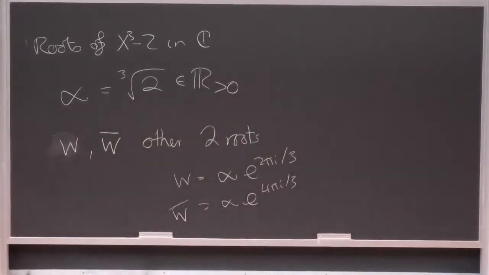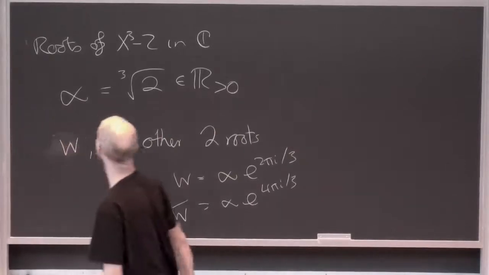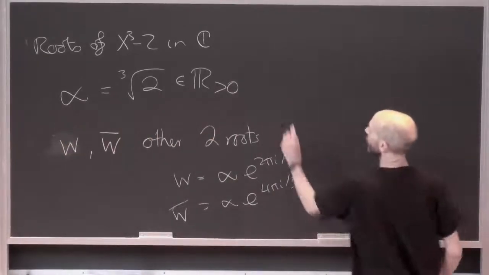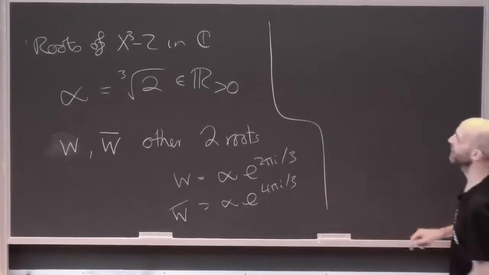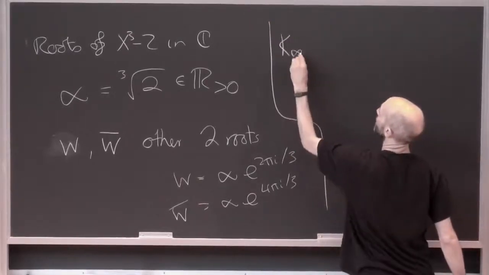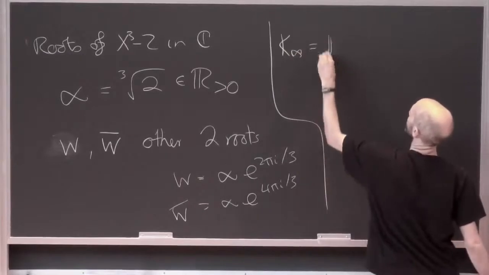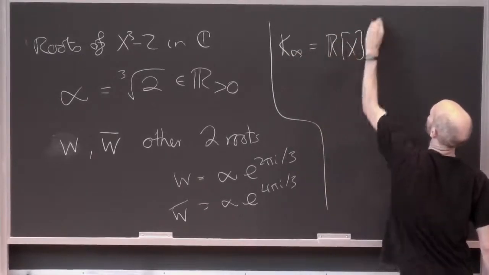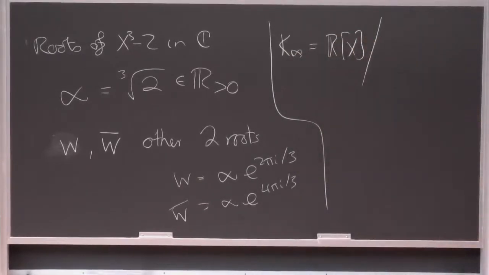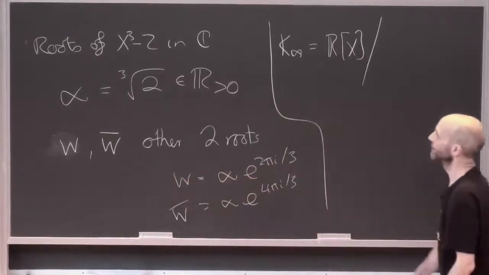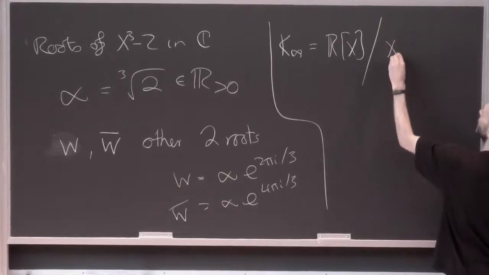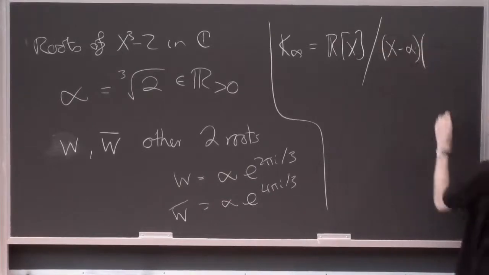And you see we've got the reals here, so those 3 roots are going to play 2 different roles. Those are some definitions. Now let me go back to K infinity. So K infinity is now R of x modulo a polynomial that factors. Well, we can't use w and w bar because they're not in the reals, but we can certainly use alpha. So it's x minus alpha times whatever's left.